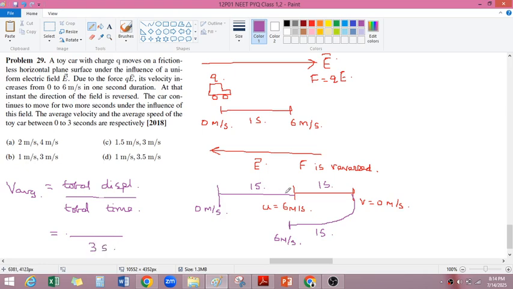But total displacement, I don't know this distance from here to here. How do I find it? I can use V is equal to U plus AT, and then S is equal to UT or V squared is equal to U squared plus 2AS. 0 to 6 seconds.